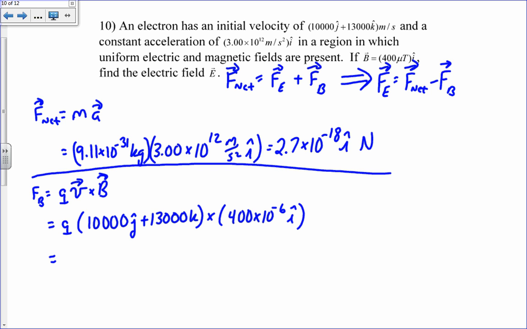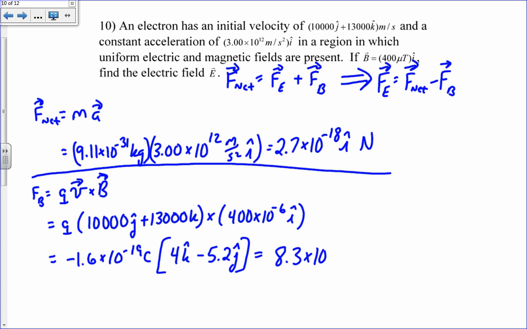Doing that cross product as we've done before, and with the charge of an electron, I get 4K minus 5.2J, which gives me a magnetic force vector of 8.3 times 10 to the minus 19 J minus 6.4 times 10 to the minus 19 K, in newtons.